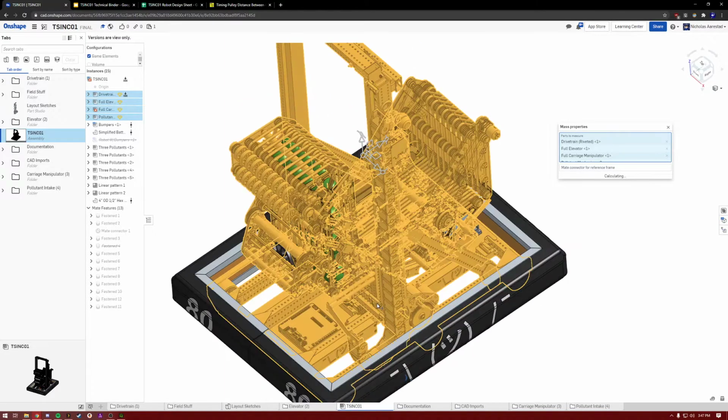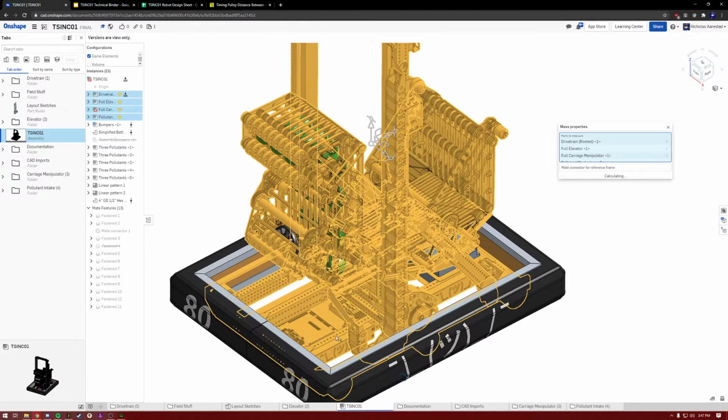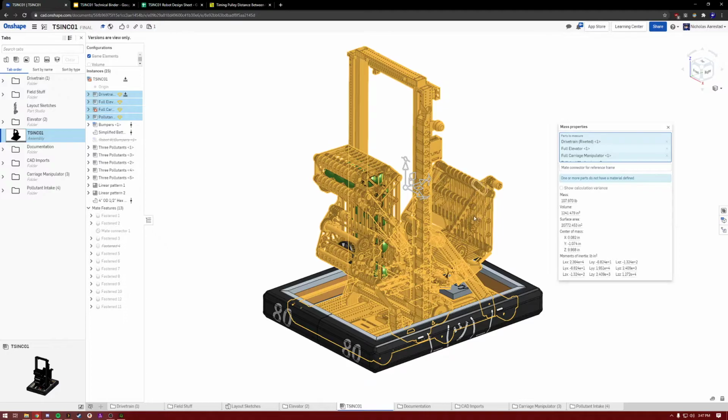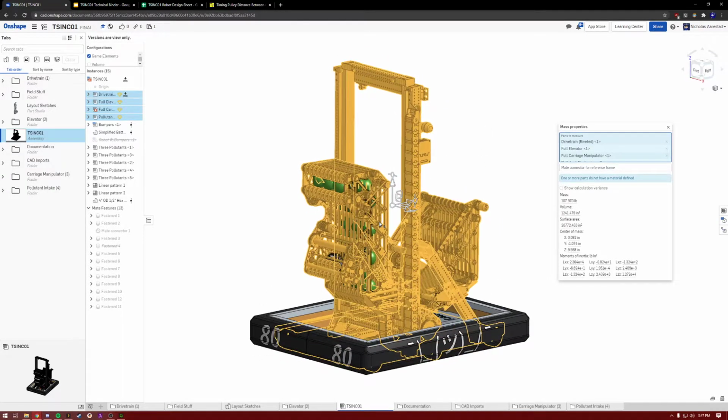We'll wait for that. But I'll tell you right now, it's about 115 pounds, as is, the whole base robot, or 110 pounds. I guess I was a little bit off, right? So this whole thing's 110 pounds, but there's something a little bit funky about this.